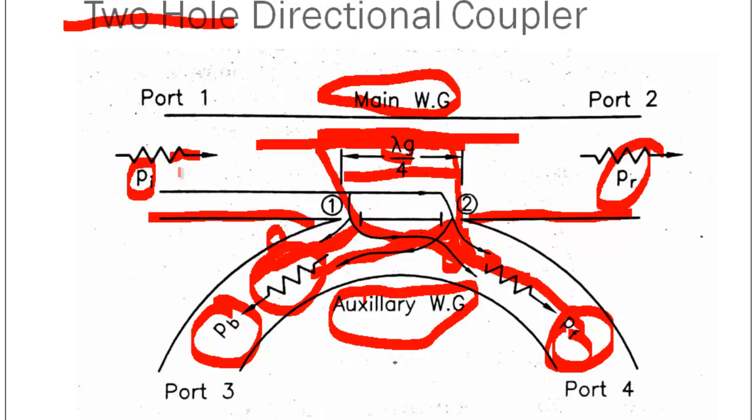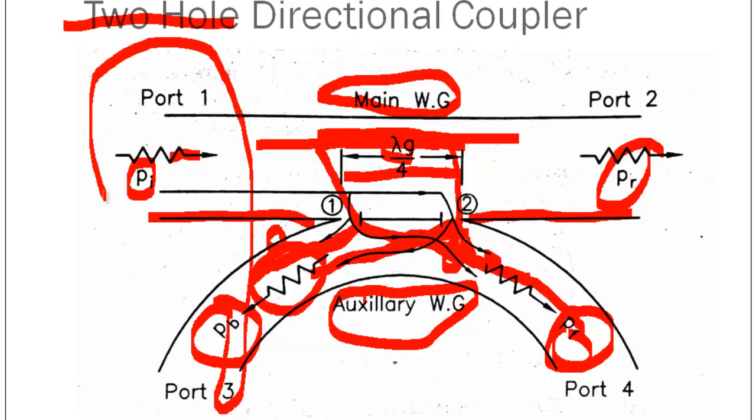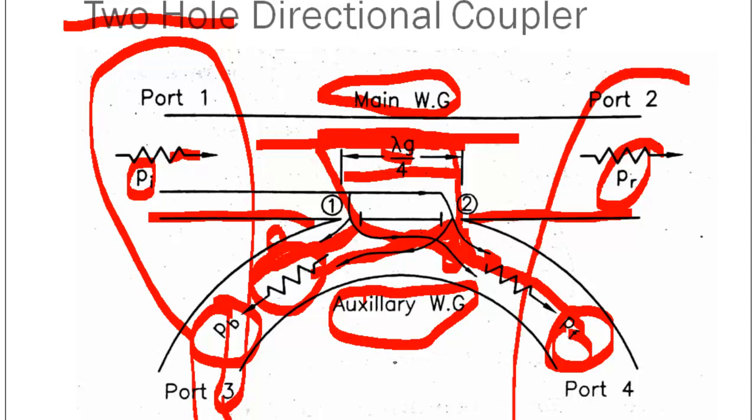So we can say when power is incident at port number 1, it is coupled to port number 4, received by port number 2, and isolated from port number 3. So again, this particular port number 1 and port number 3 will be known as isolated ports, and port number 2 and port number 4 will also be known as isolated ports.